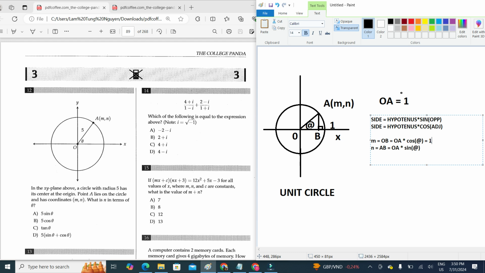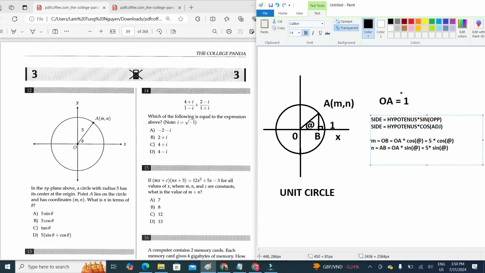Okay, OA is not 1, OA is actually 5, right? So m is 5 times cosine of alpha, and n is just 5 times sine of alpha.